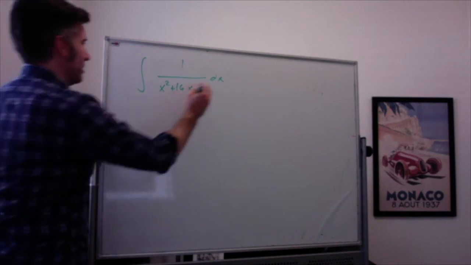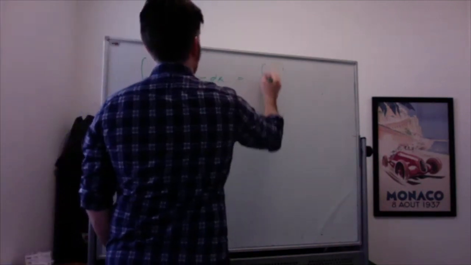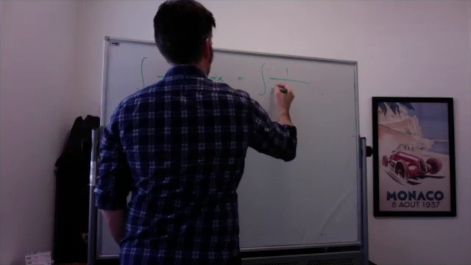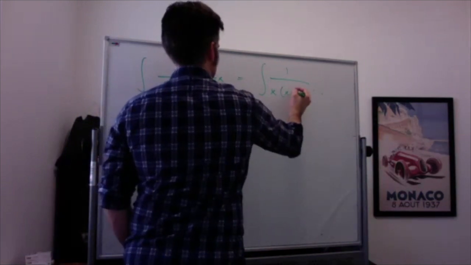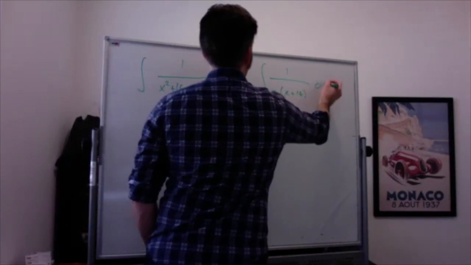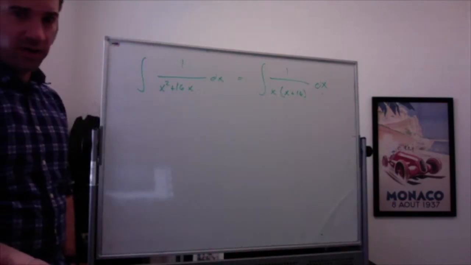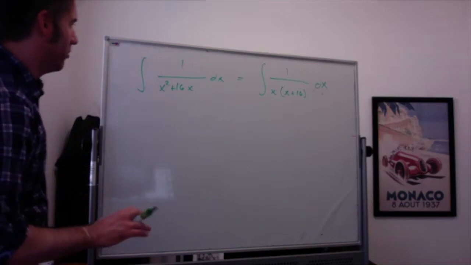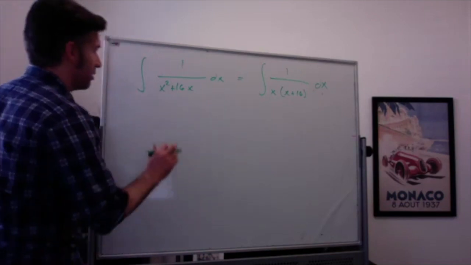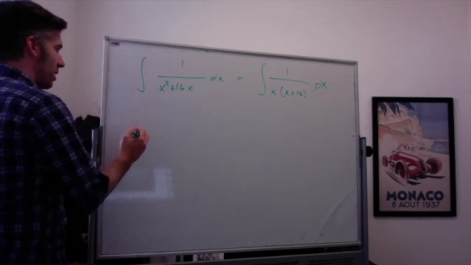So I can rewrite this integral as the integral of 1 over x times x plus 16. I was thinking I was going to have to complete the square here, but that's not the case. We'll talk about completing the square in a moment. And then our job is to do some algebra.